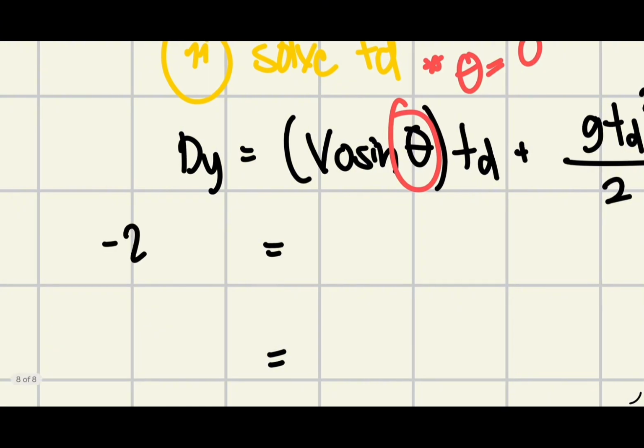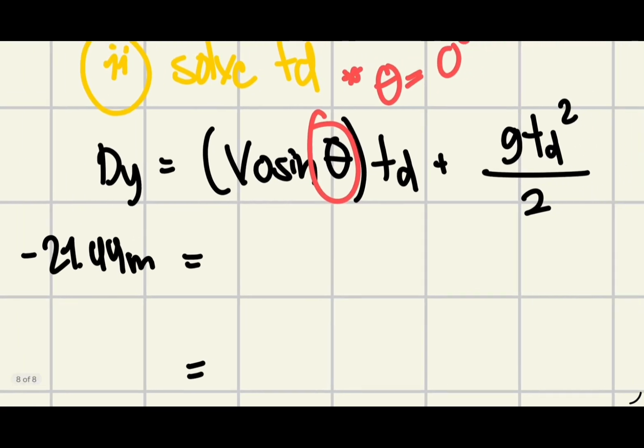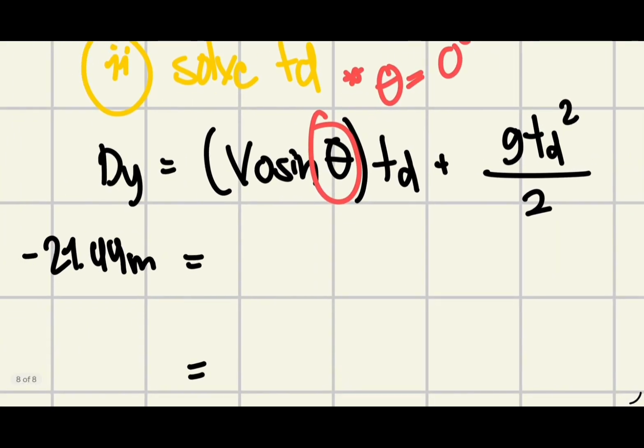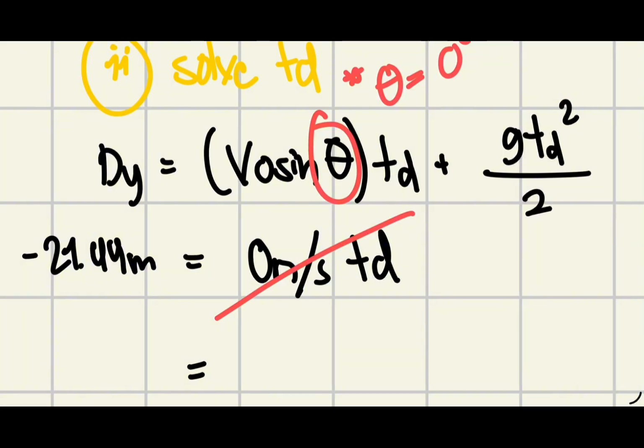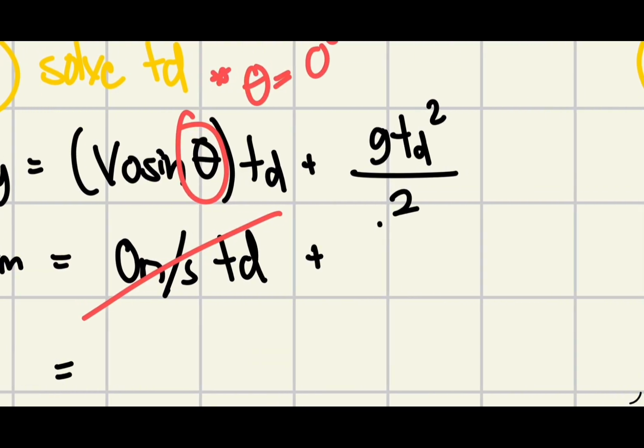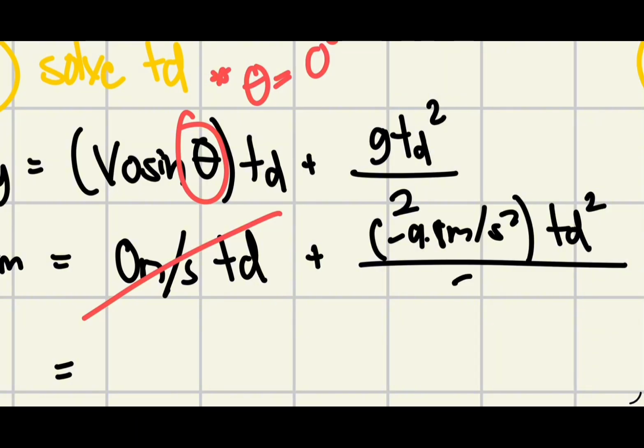This is negative 21.44 meters, and any value multiplied by sine 0 degrees is just 0. So this is just 0 meters per second multiplied by t of down, and anything multiplied by 0 is just 0. This cancels. So we have plus the gravitational acceleration multiplied by t of down squared all over 2.